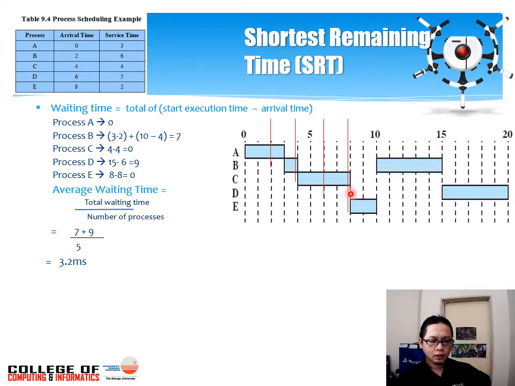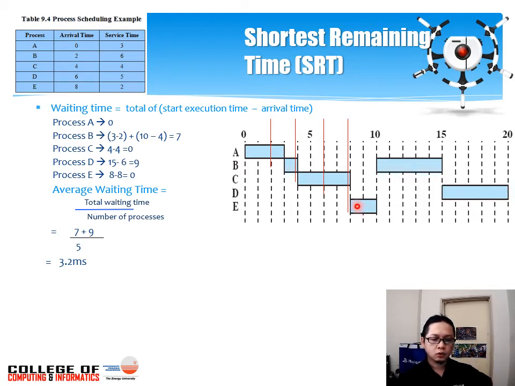Then comes E. So now we need to compare between E, B, and D. Between E, B, and D, which one is the shortest? Of course, E has the shortest remaining time, which is 2, while D has 5 and also B has 5.